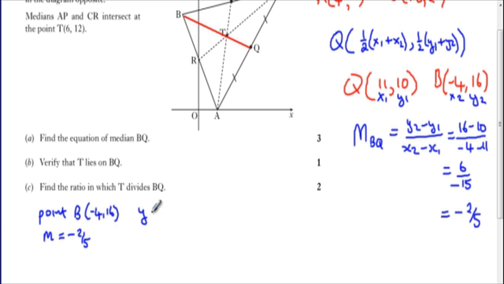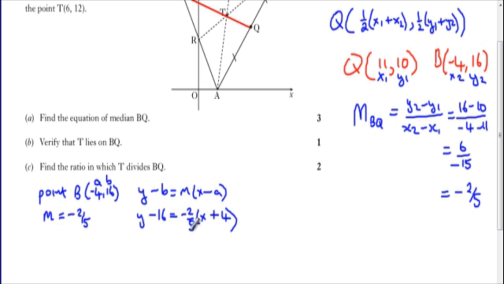To find the equation, we fit these values into y minus b equals m bracket x minus a, where a, b is the point. So this is y minus 16 is equal to minus 2/5 bracket x minus minus 4, which is plus 4.